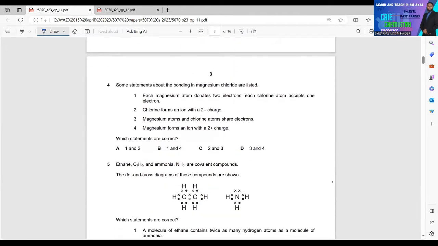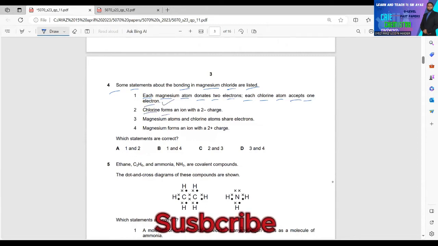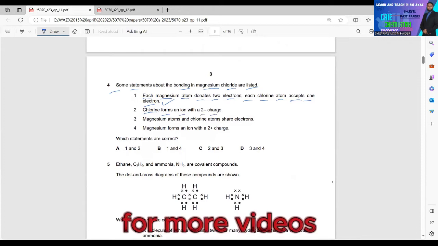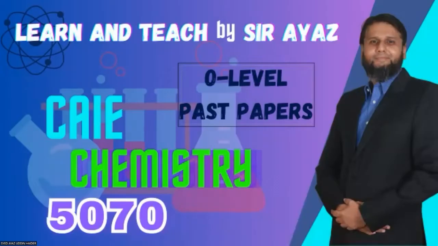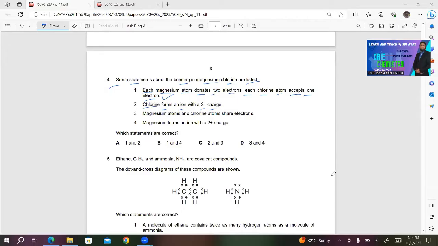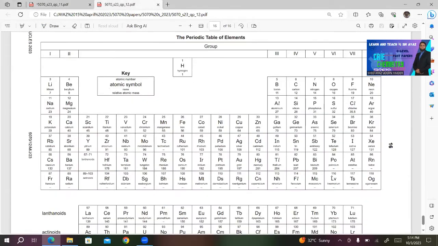Number 4. Some statements about the bonding in magnesium chloride are listed. Statement 1. Each magnesium atom donates 2 electrons. Each chlorine atom accepts 1 electron. This statement is correct. Number 2. Chlorine forms an ion with a 2- charge. If you look at the position of chlorine, it's in group 7.